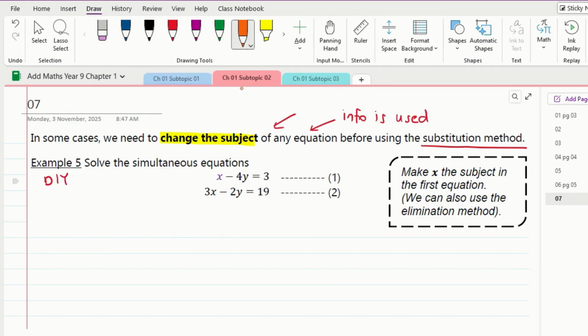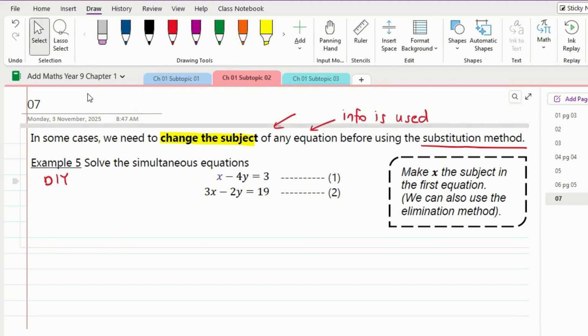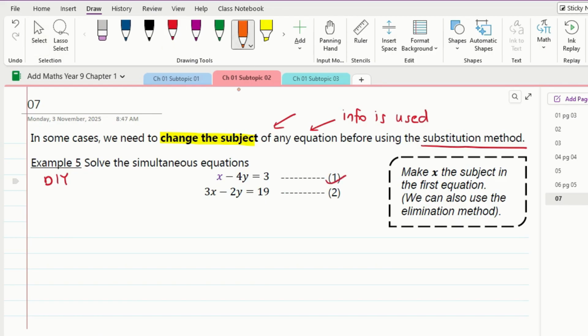The first step here, let's have a look at the equations. x minus 4y equals 3 for the first equation, and 3x minus 2y equals 19 in the second equation. So here, what you can do is make x the subject in the first equation.